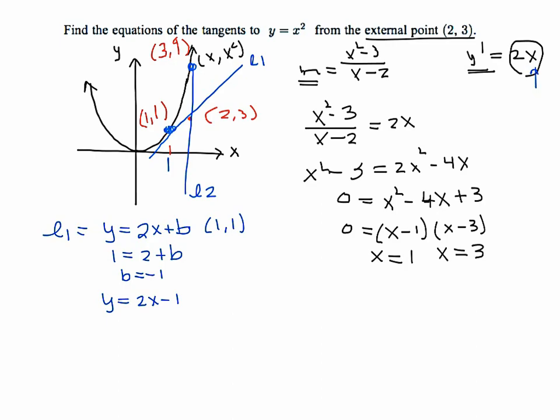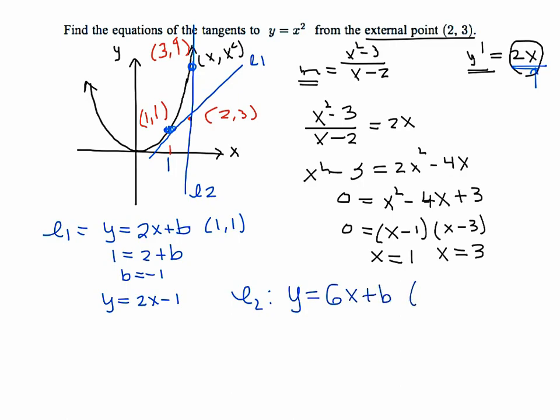Using the same logic, we will find the equation of line 2. When x is equal to 3, the slope, again, by plugging into 2x, the slope at any given point, especially when x is equal to 3, is 6. Therefore, y is equal to mx plus b again, and this time your slope is 6, so 6x plus b.